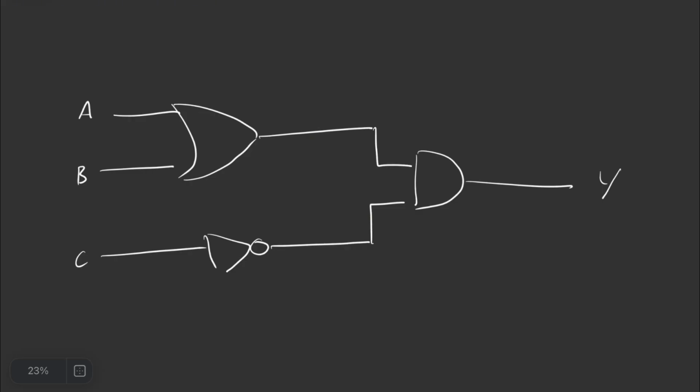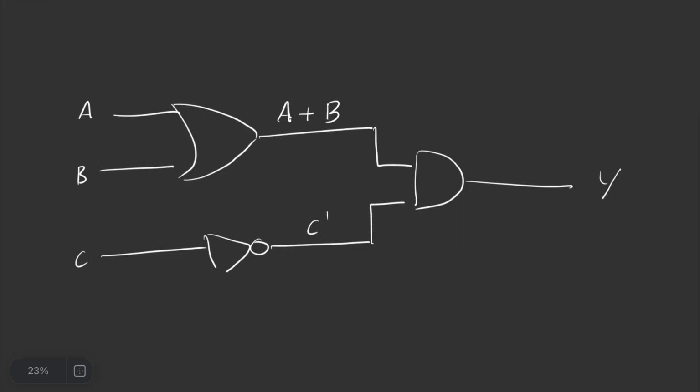So, first off, we have input A and input B that go into an OR gate. We know the output of an OR gate is always going to be A or B. Now we have our C input going into a NOT gate, also known as an inverter. We know that the output of our inverter will always be that variable primed. So in this case, it'll be C prime.